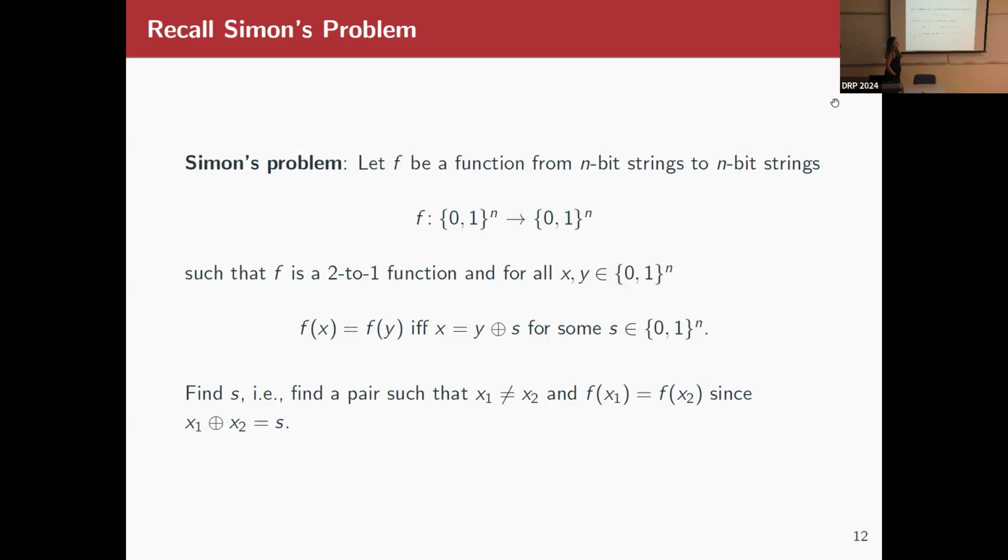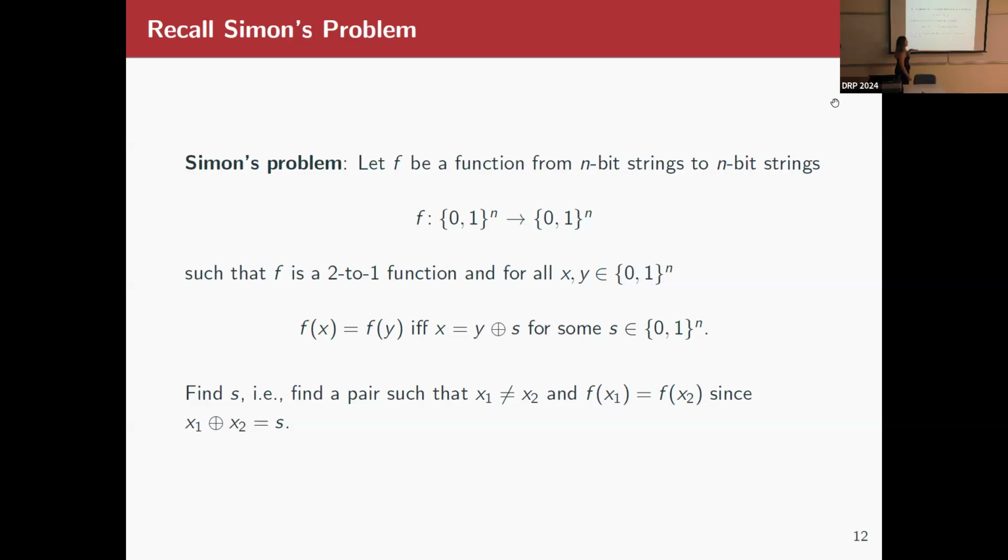So recall our problem. Simon's problem is that there is a function from n-bit strings to n-bit strings that is a 2-to-1 function, such that for all x and y, f(x) is equal to f(y) if and only if x is equal to y XOR s for some s in n-bit strings. We need to find s.